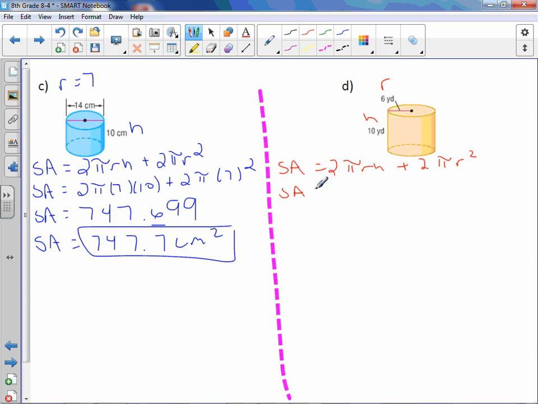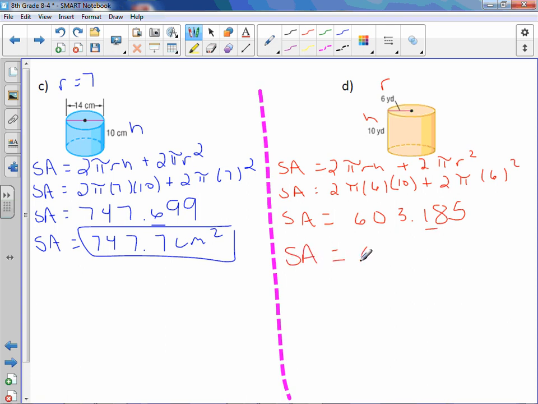Plug everything in: 2 pi times 6 times 10 plus 2 pi times 6 squared. Plug it in, and we get 603.185. To the nearest tenth, 603.2 yards squared.